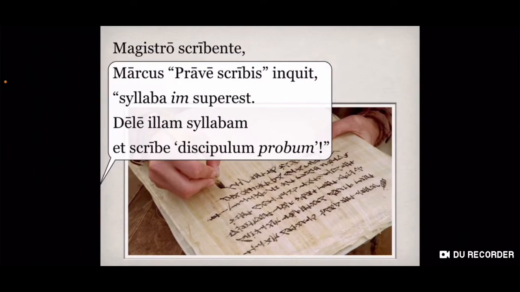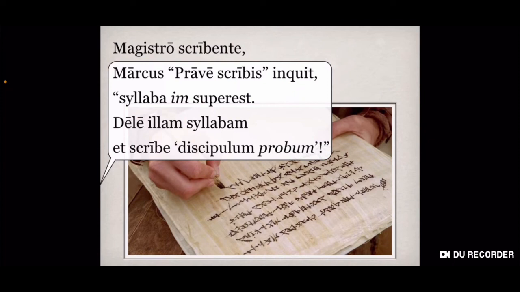Magistro scribente Marcus praves scribis inquit syllabi in superes deleam syllabam et scribe discipulum probum. While the teacher is writing, Marcus says, you write incorrectly.